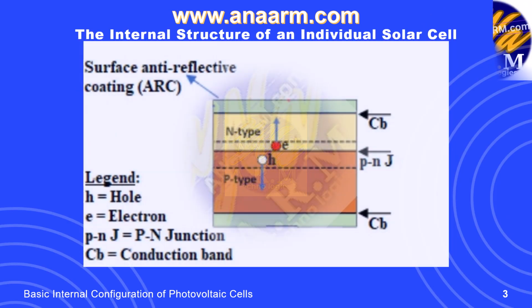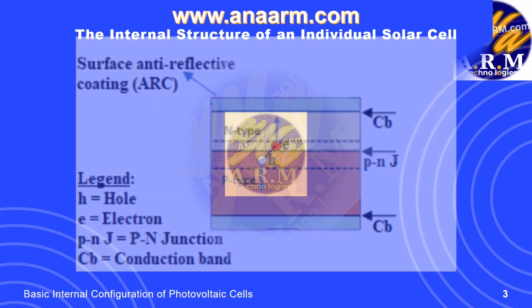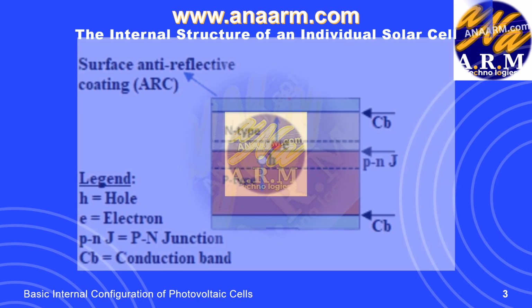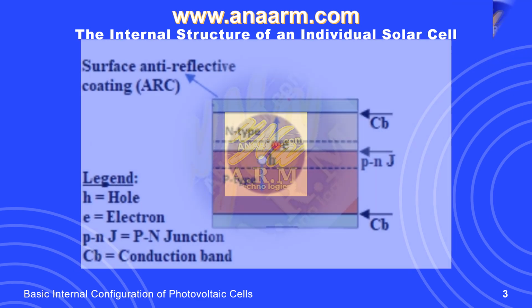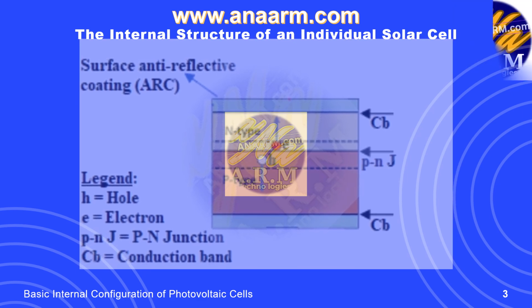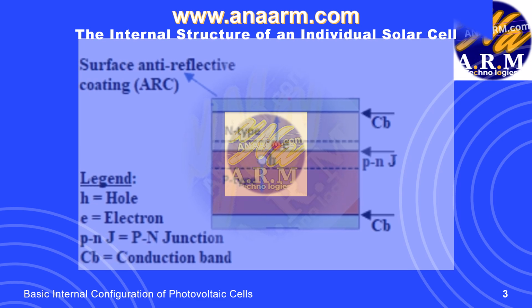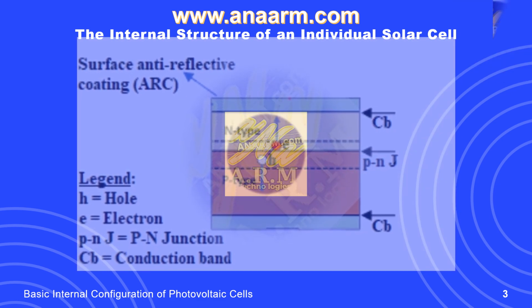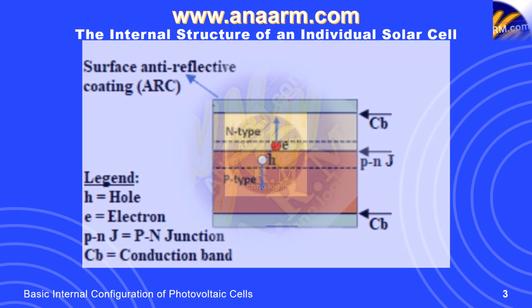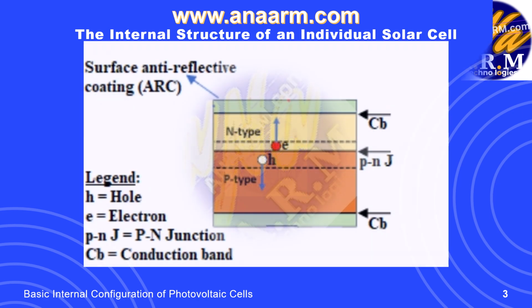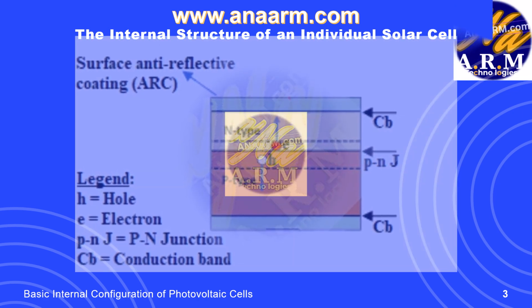The internal configuration of a solar cell consists of N-type and P-type semiconductors. The two materials are joined together by carefully creating a distinct region on a single pure semiconductor base to form a PN junction.